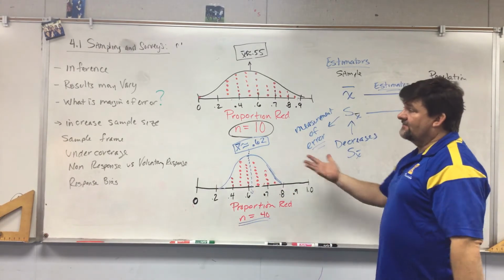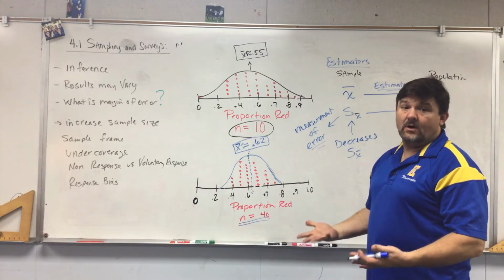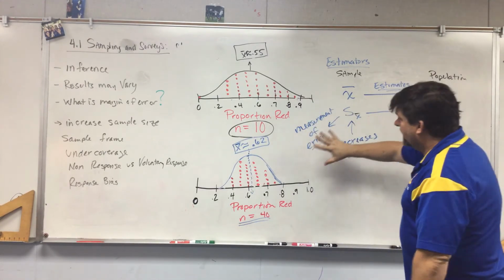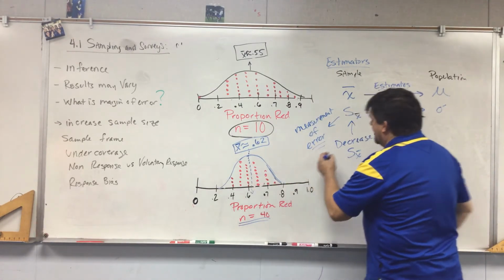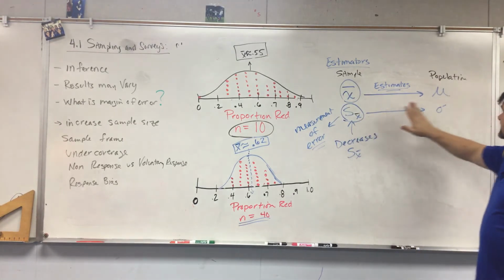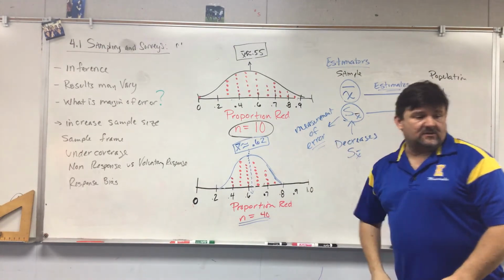The idea of margin of error, as in science, is how far away from the right answer you are. We're going to get into how our sample sizes change and how we make standard deviation and X-bar work for us to estimate the population. So that's how we increase sample size.